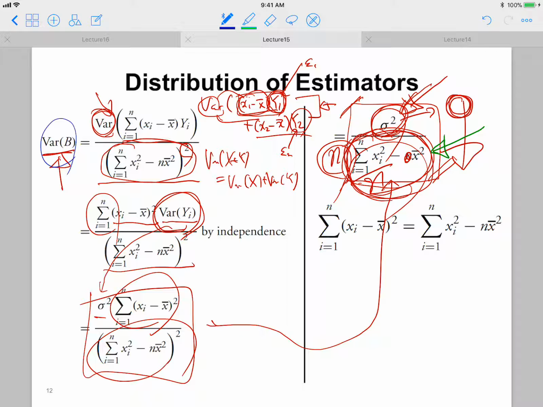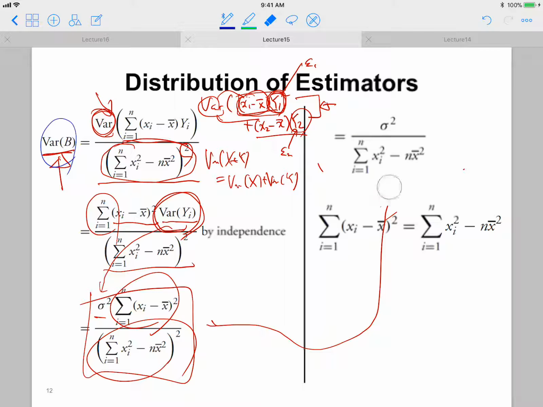Okay, and then altogether the variance of B, which is again the slope estimator, is represented in this manner. Right? So this is our variance of B.